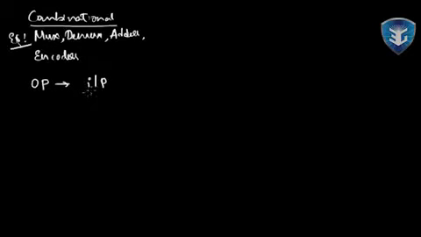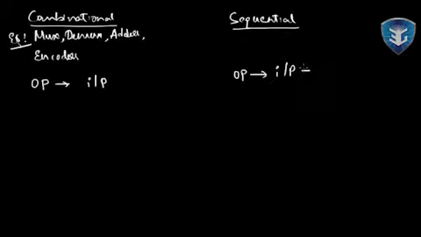In contrast to this, we have something called sequential circuits. In case of sequential circuits, the output not only depends on the input at that time, but it also depends on the past history of the input.